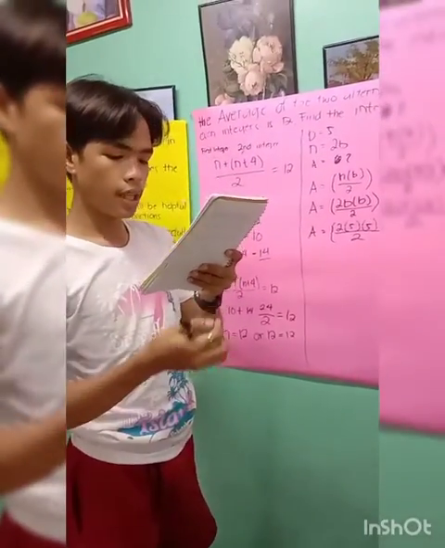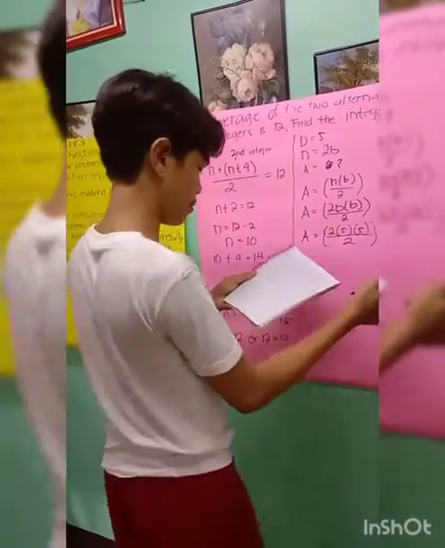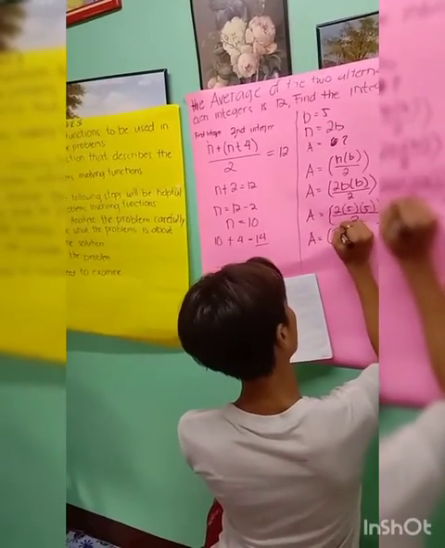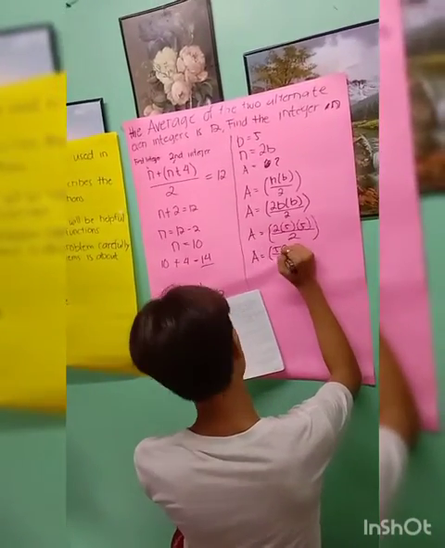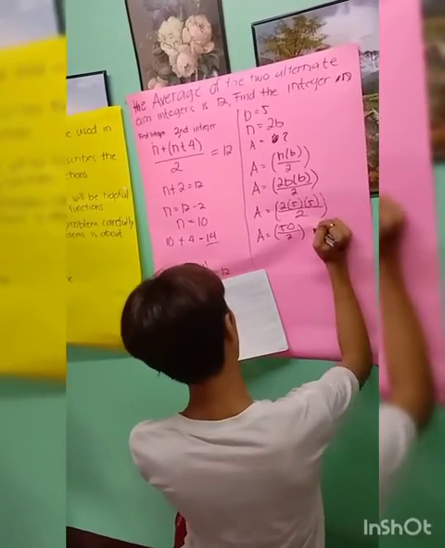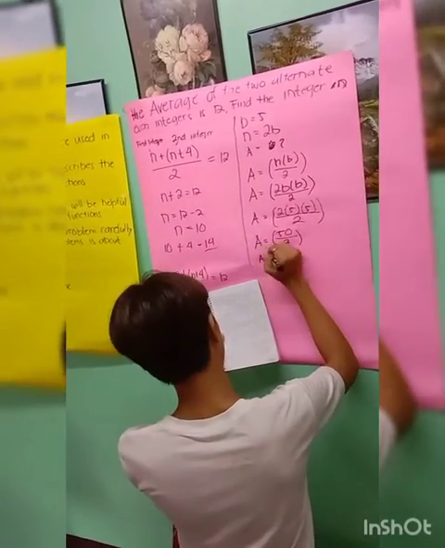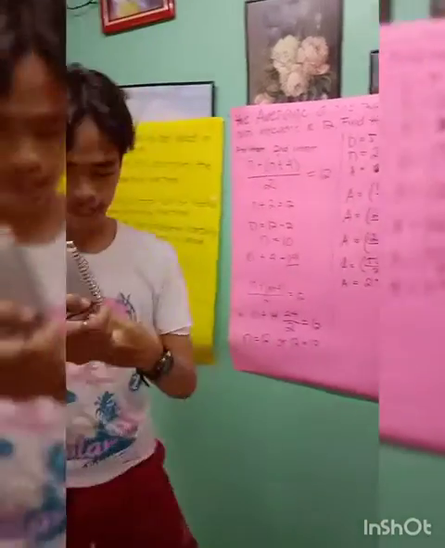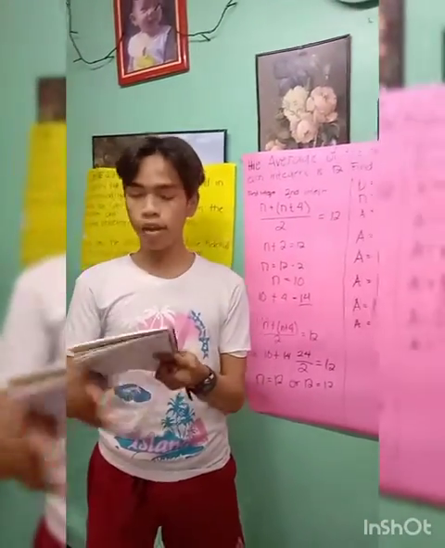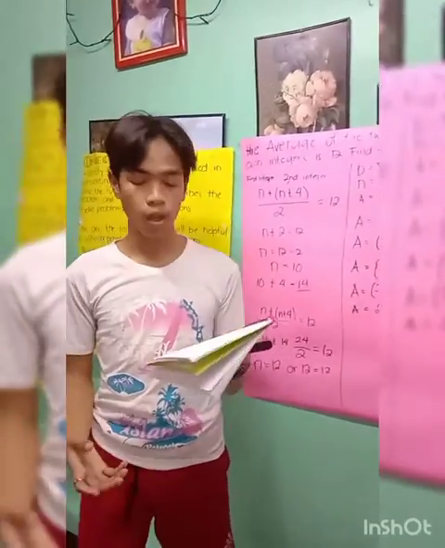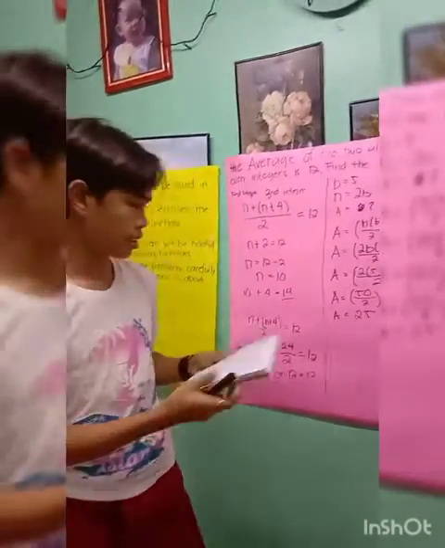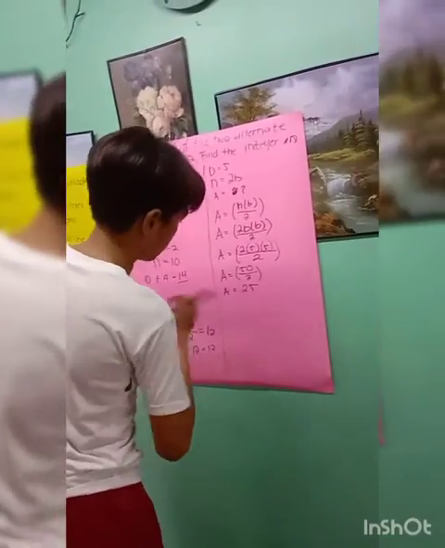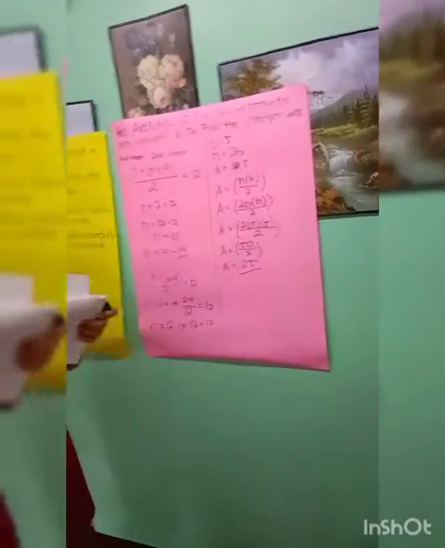Ibig sabihin, ang ating A ngayon is equal to 25. Therefore, the area of a triangular wall decor is equal to 25 square inches.